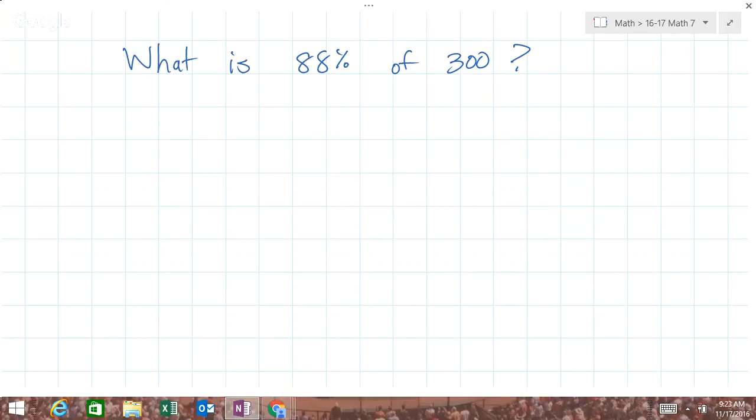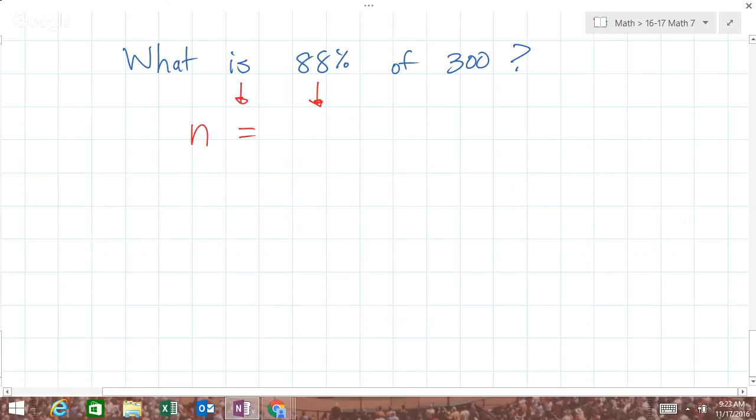So you take 88%. We're going to look for this word first, right? Equal, yes. What is? Do we know what is? Not yet. So what are we going to put out here?